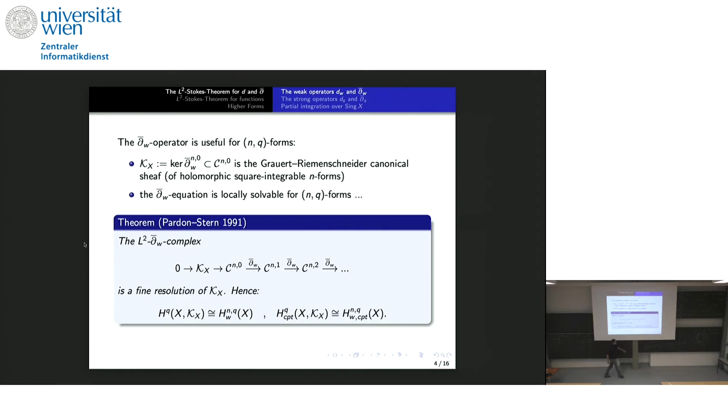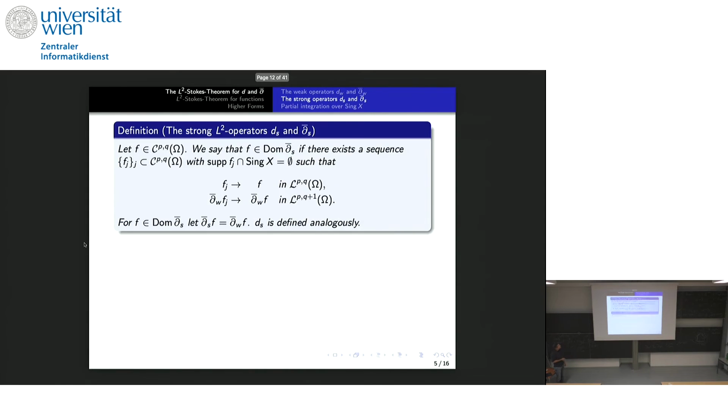And moreover, you can make a connection to the cohomology on a resolution, which is somehow a smooth model for X and its cohomology.